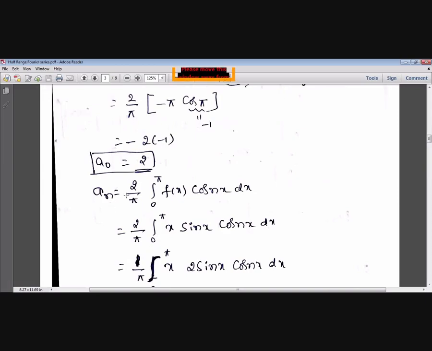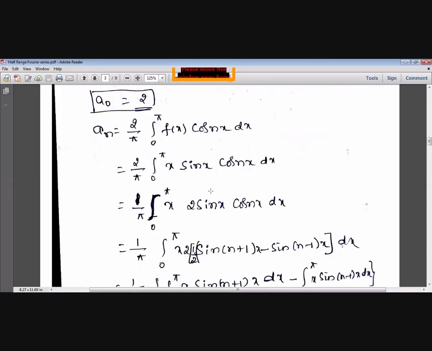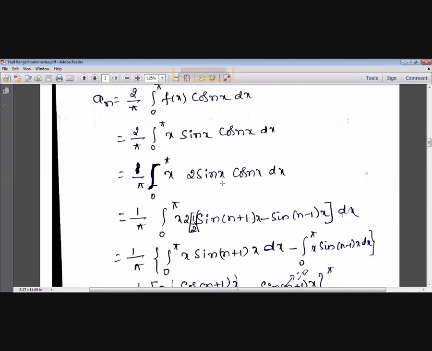Next, an we need to find out. An is 2 by pi integral 0 to pi f of x cos nx dx. F of x is x sin x, cos nx as it is. Now take this 2 inside, 2 sin x cos nx. Use the sin a cos b formula.